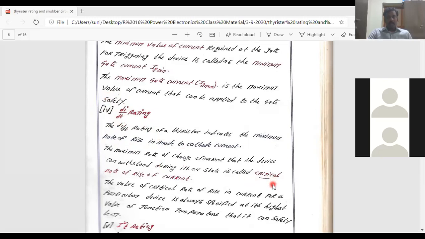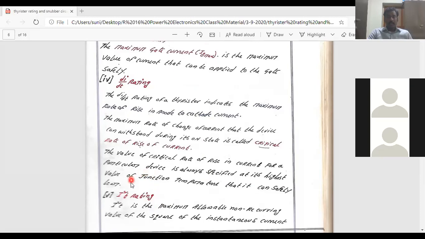If the critical rate of rise of current is highest, then immediately the junction temperature is going to rise, and as the junction temperature gets high, it ultimately leads to damage of the device. So one of the parameters we need to consider for the SCR is this di by dt rating. Protection is needed from this di by dt rating.